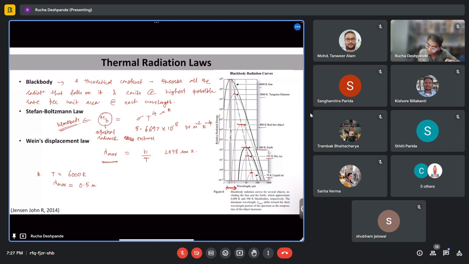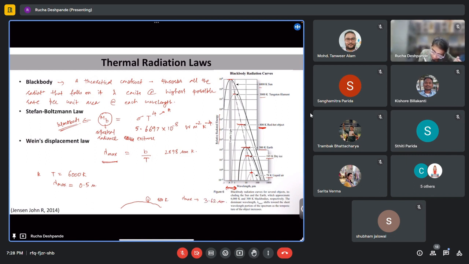Right. Or we can take another example. If we want to study forest fires of temperatures around 800 K, these forest fires would be on the earth's surface, and at a temperature of approximately 800 Kelvin, their lambda max would be around 3.62 micrometers.